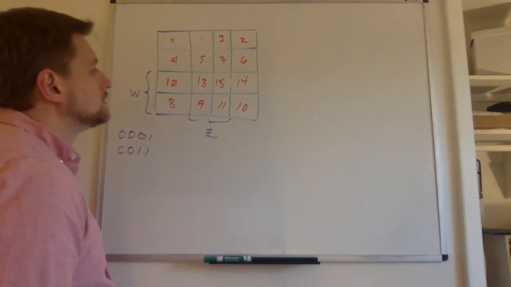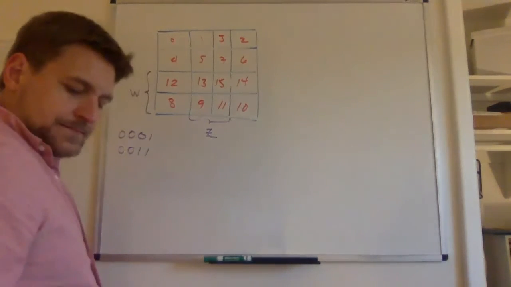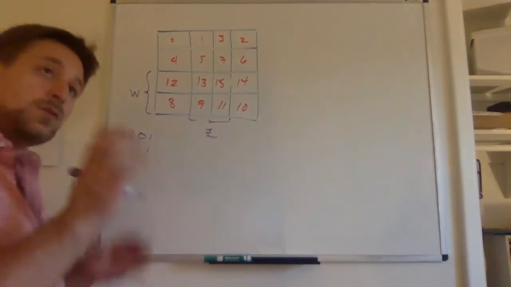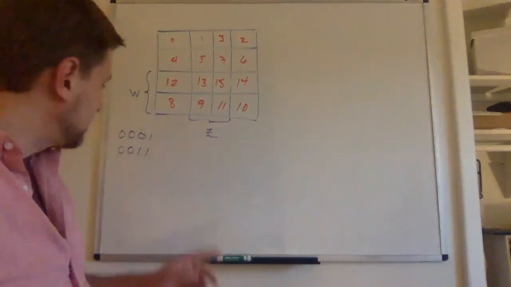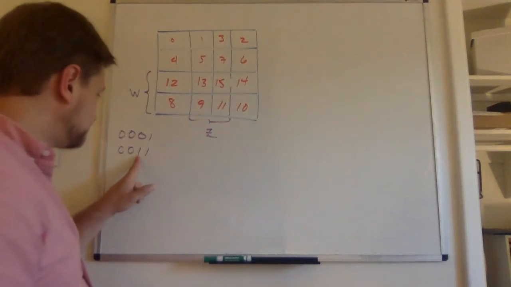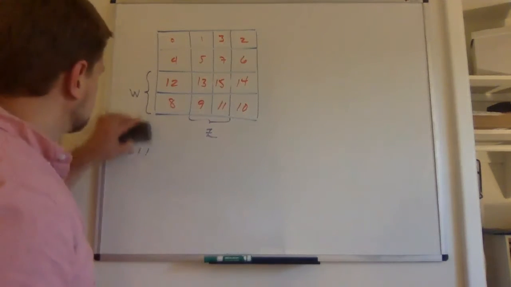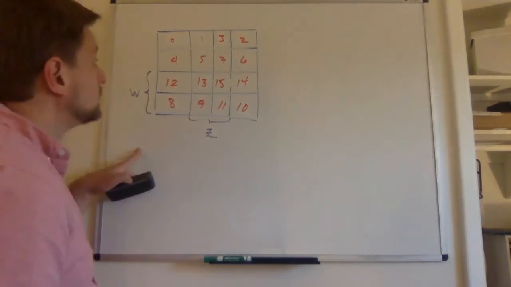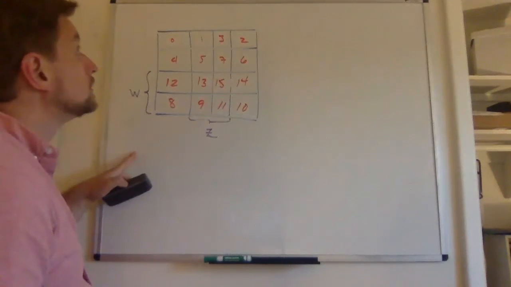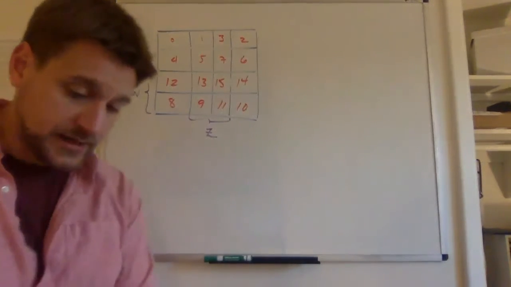Okay. Now, W, X, Y. Y is anything that has the second bit. So that's 3, 2, 7, yeah, 6.